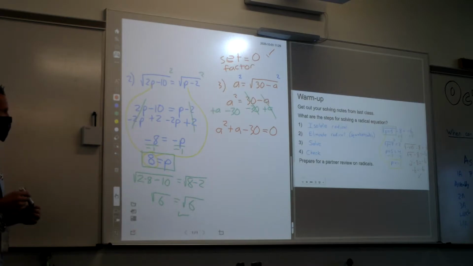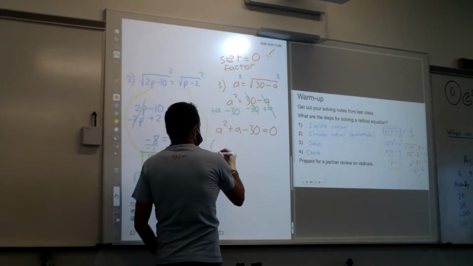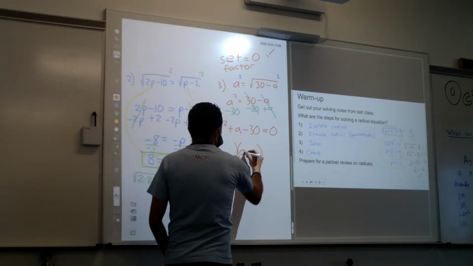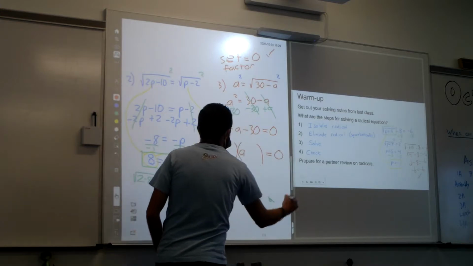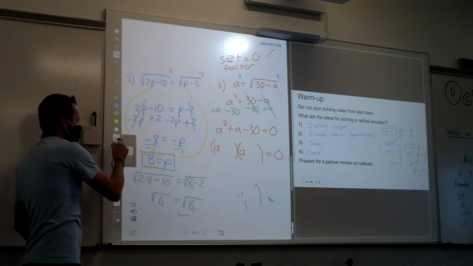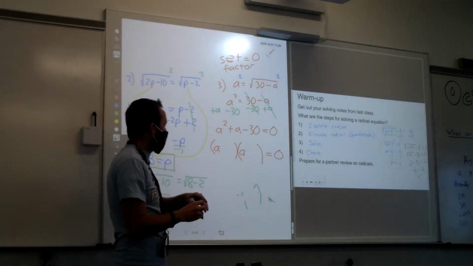Remember with factoring, we're trying to put it into these parentheses here. And there's going to be an a at the start and an a at the end. But how do you know what numbers to put in there? Remember what our thought process is? I need 2 numbers that what?